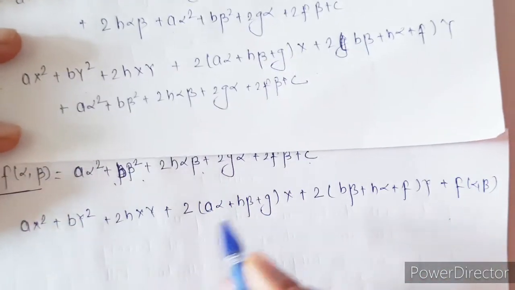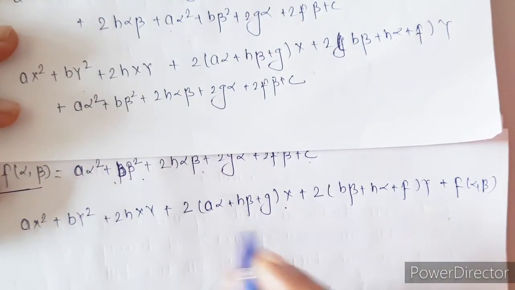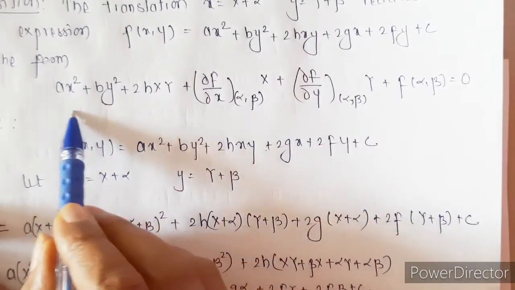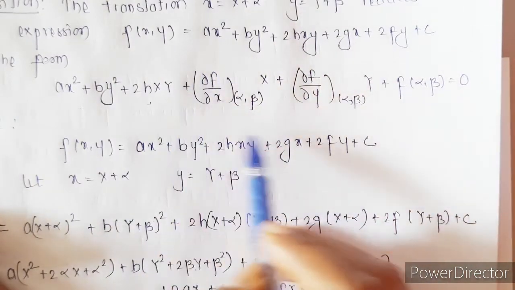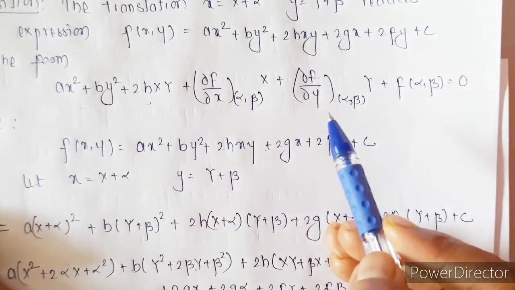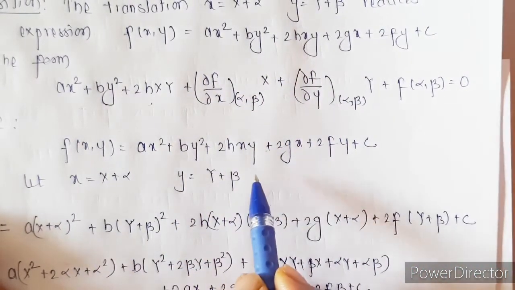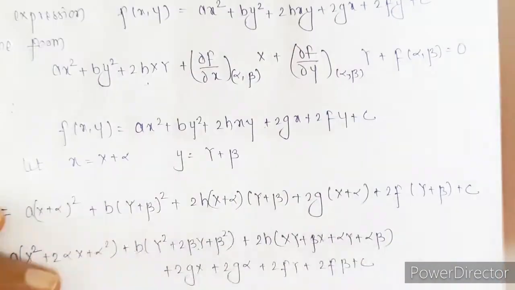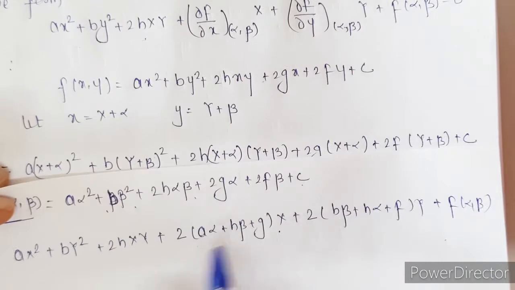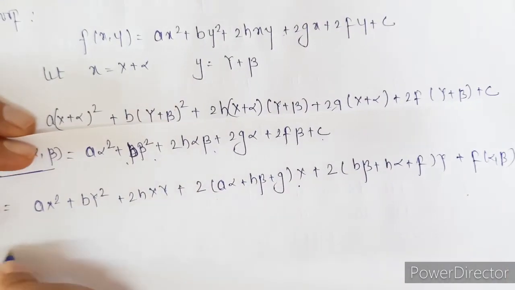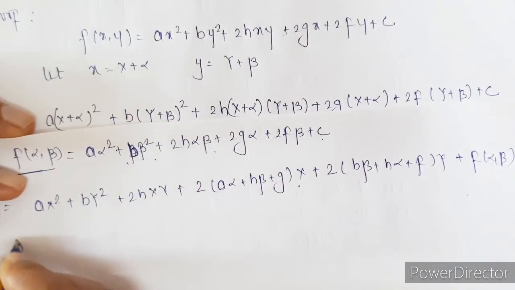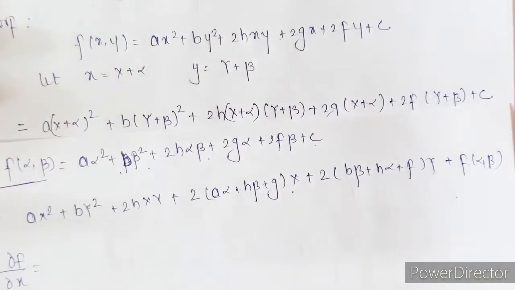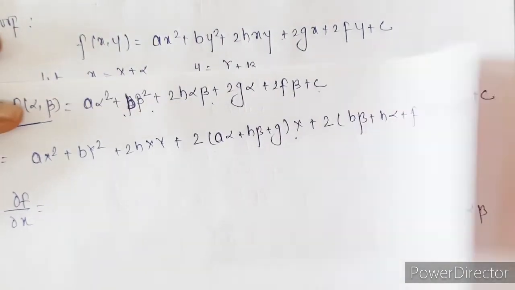Now next, these terms. Okay, so we got these terms, we got this term. Now only remaining is this, that is ∂f/∂x. This is your f. So we just have to find the derivative of this with respect to x and with respect to y. So we have ∂f/∂x, the derivative of this function f with respect to x.